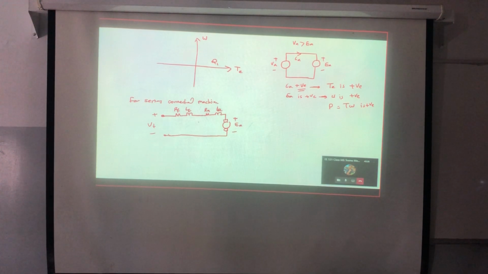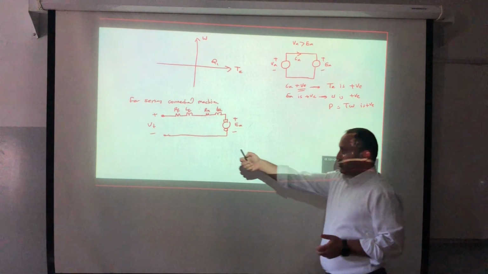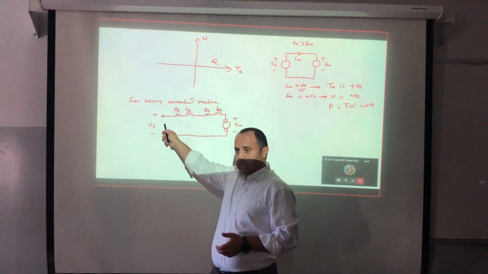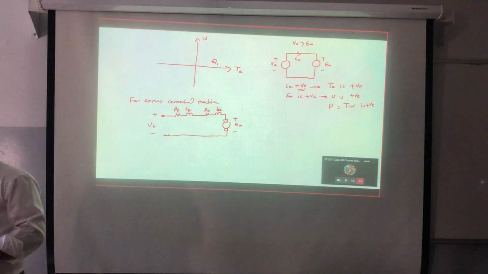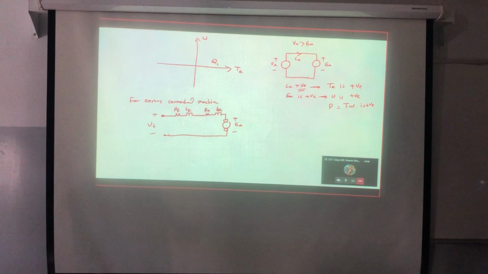Now, if I need to do dynamic braking, disconnecting the supply and putting only a resistance here, what will happen? In the first stage, the field reverses to armature. While the current is reducing, the flux is reducing, so the speed will increase, because here the armature current is the field current.